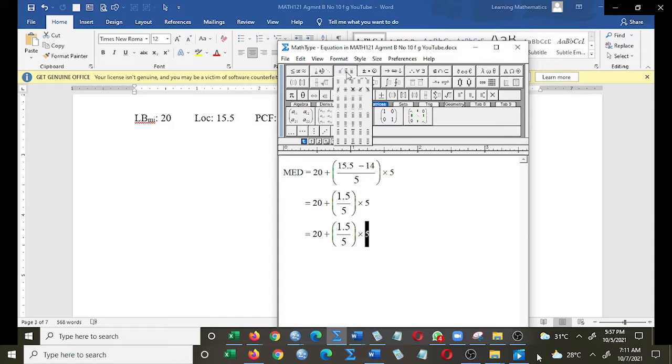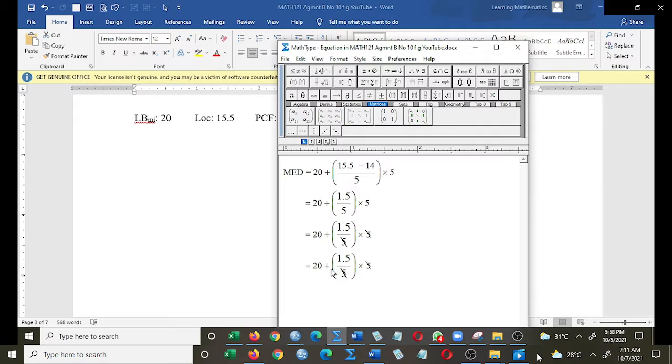Okay, but by now we should be able to do that calculation because we have reached certain levels in mathematics already. So this little bit of algebra should not pose any difficulties. If you want, you can divide 1.5 by 5 and then multiply by 5.